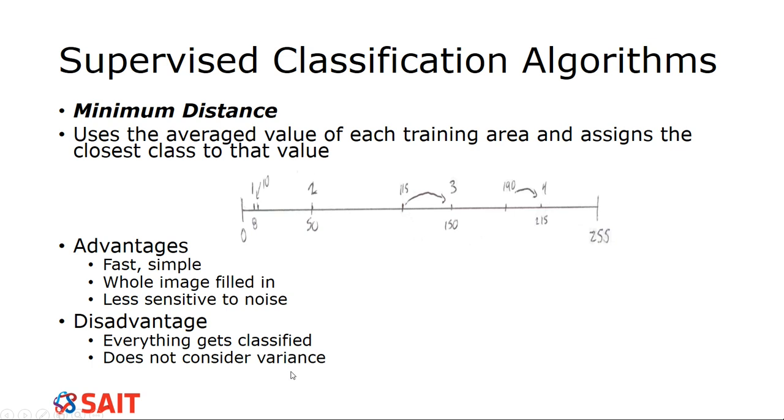It also doesn't even consider variance. So sometimes one class might actually have a large range. Like forests themselves have a huge range of what to expect for electromagnetic spectrum numbers and intensity numbers, and it's a really big spectrum. So if class 3 is a very big class, and let's say class 2 is a really small class because it's only looking at perhaps one particular kind of bush.